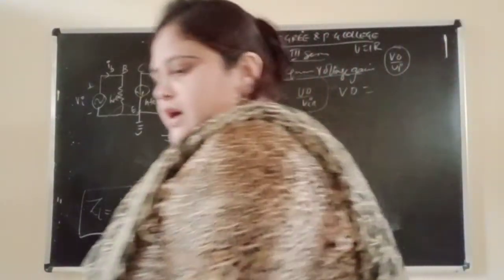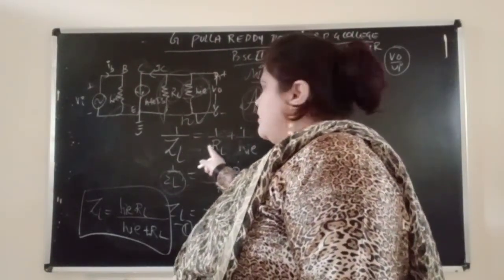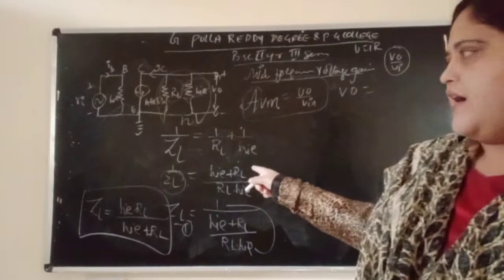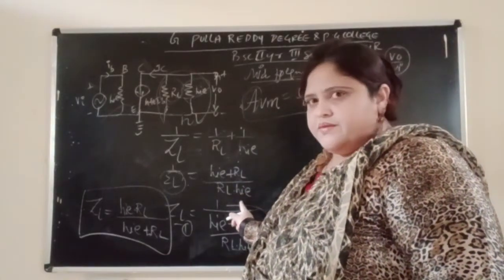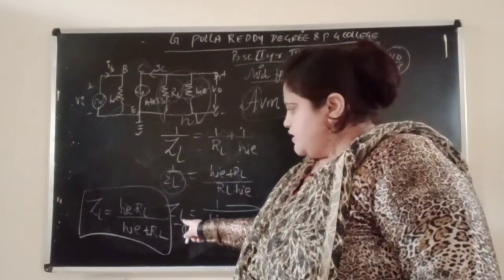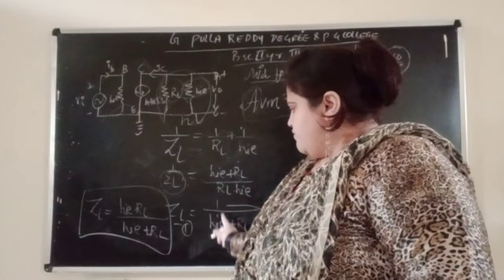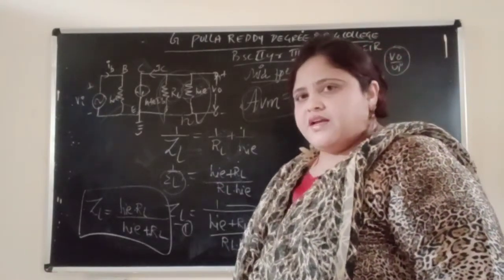We have taken 1 by ZL equal to 1 by RL plus 1 by HIE, then HIE plus RL into HIE by cross multiplication. Then simply I want ZL, so ZL equal to 1 by the whole thing, which goes up: HIE into RL by HIE plus RL.